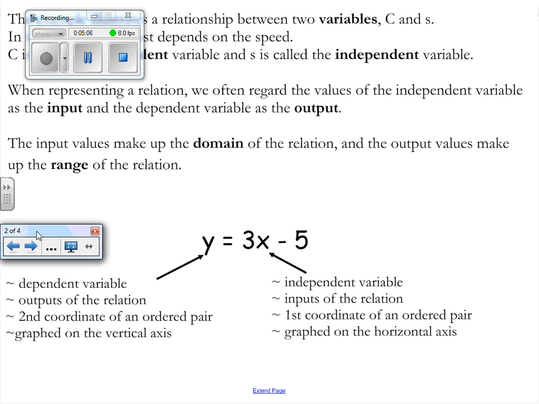Your independent variable. So over here, we call it your independent variable because you're choosing what's actually happening to it, meaning that it's changing on its own, where whatever happens to this one affects this one.